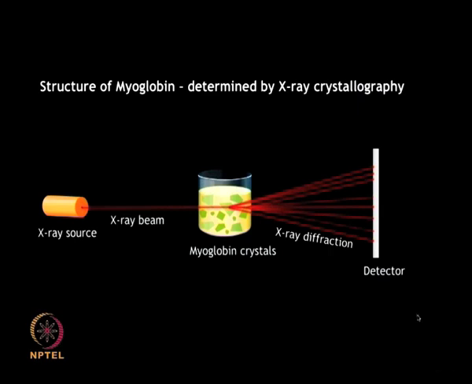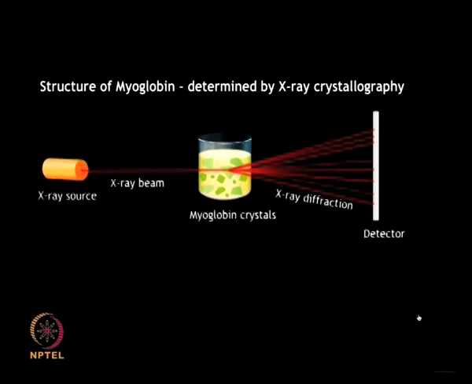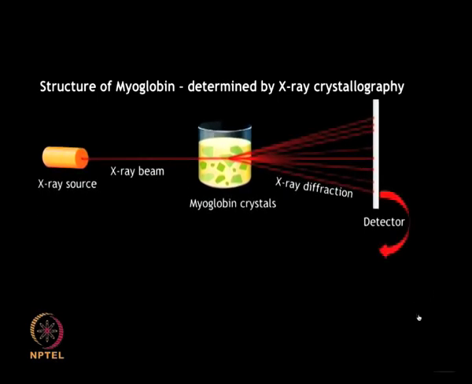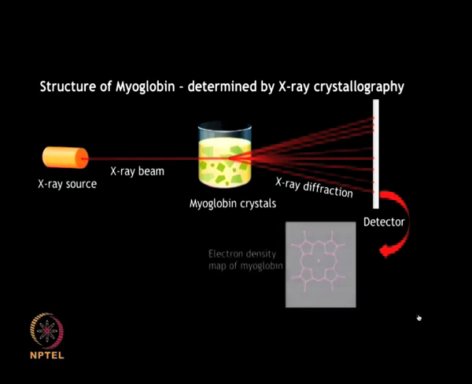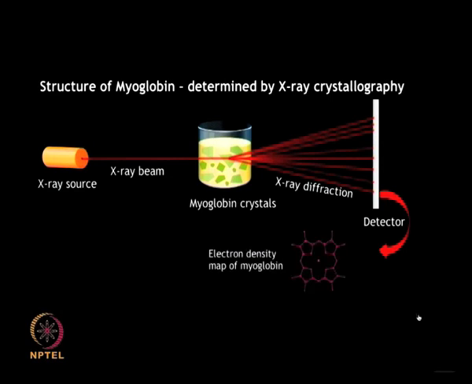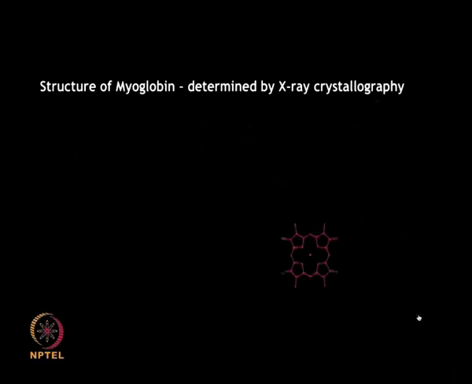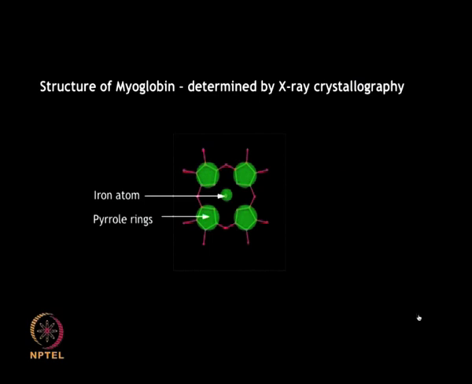These scattered beams were detected by means of an X-ray film. After the spot intensity calculations, it provided an electron density map of the protein. The protein was found to consist of a single polypeptide chain having 8 alpha helices along with a heme group in the center, similar to hemoglobin.